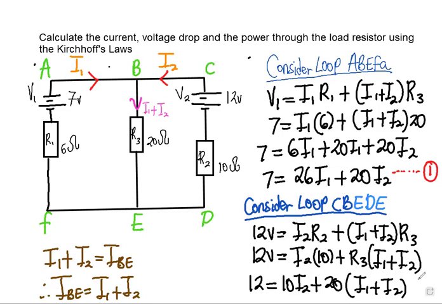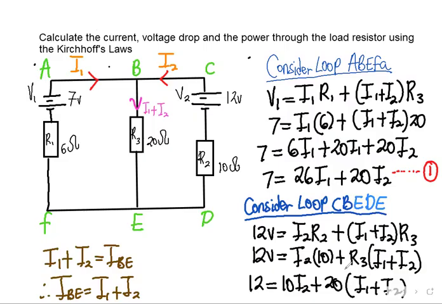So here you're going to be having 12 equals 10I2, plus, now I'm going to use the FOIL method. So the FOIL method, I'm going to say 20 times I1 as well as 20 times I2.